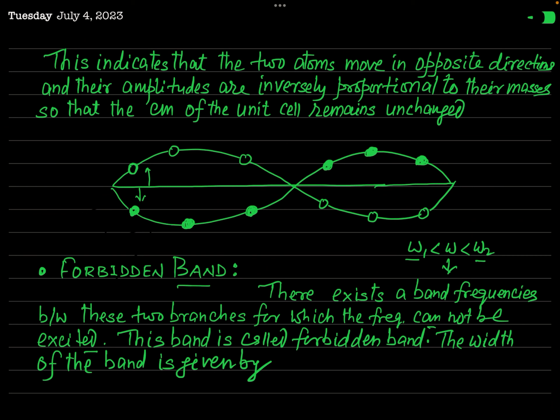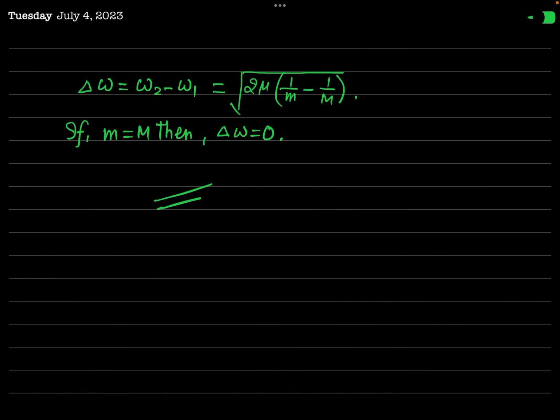So all those frequencies lying between omega 1 and omega 2 are known as forbidden frequencies. So this band is called the forbidden band, and the width of the forbidden band is given by omega 2 minus omega 1, as I have shown in the dispersion curve.